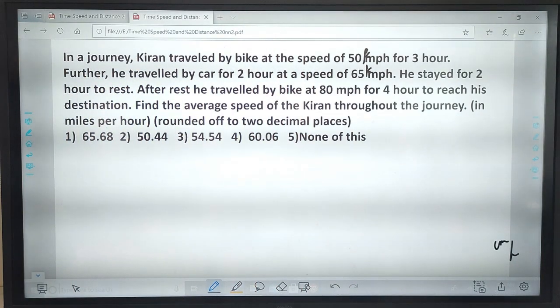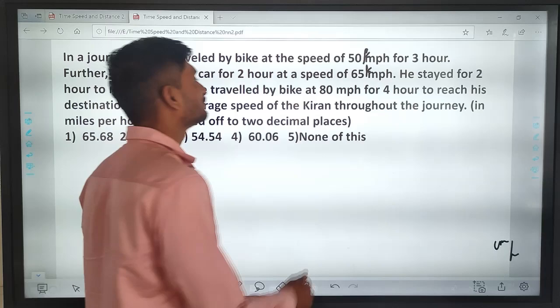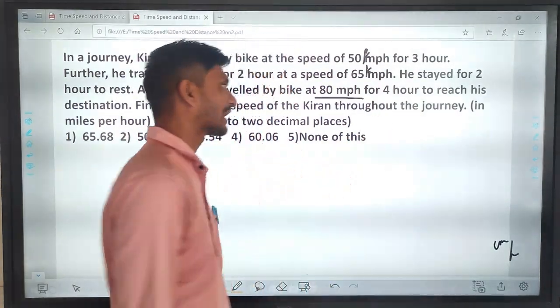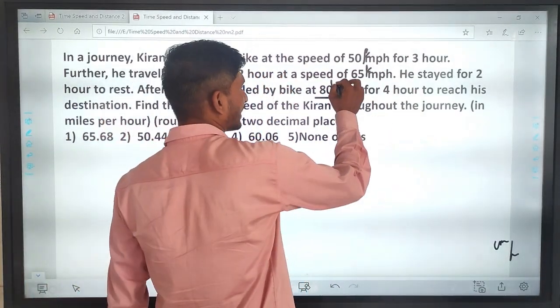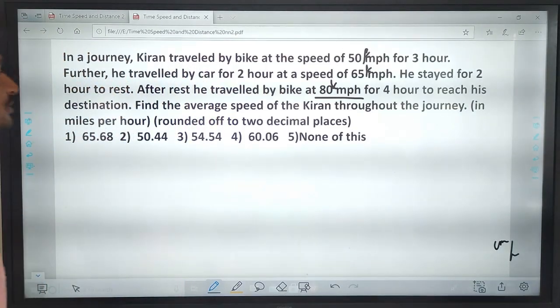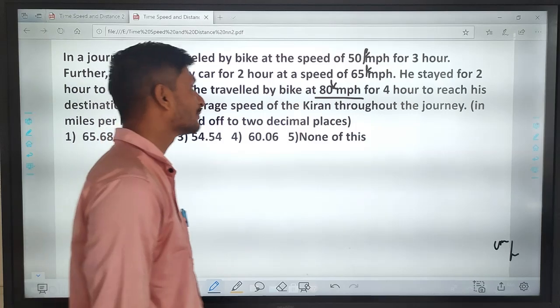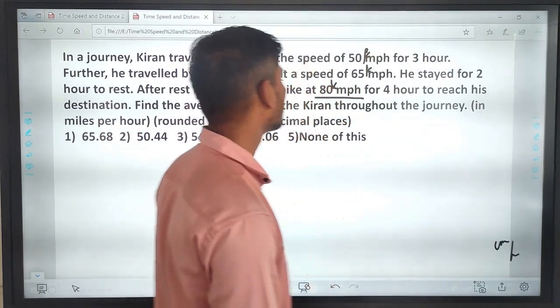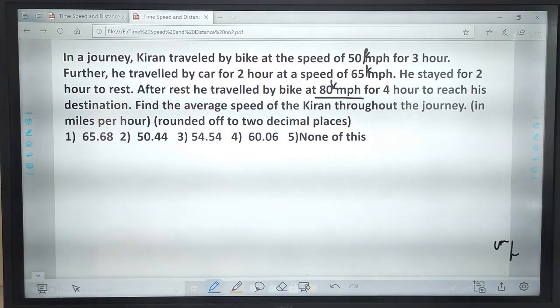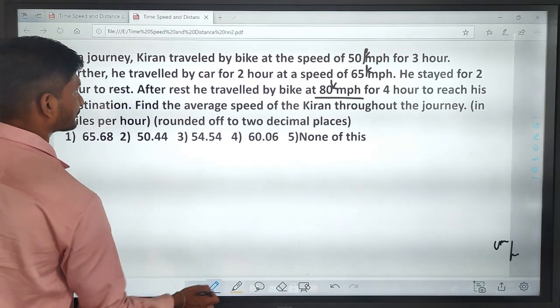After rest, he traveled by bike at a speed of 80 km per hour for 4 hours to reach his destination. Find the average speed of Kiran throughout the journey.